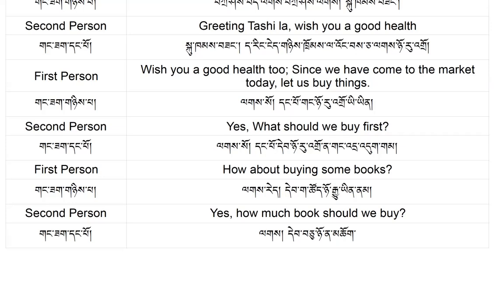So how about we go and buy some books first? So 강자 is like how. And the answer is lare, which means yes. It's a polite way of saying yes. Rere is also a more casual way of saying yes.